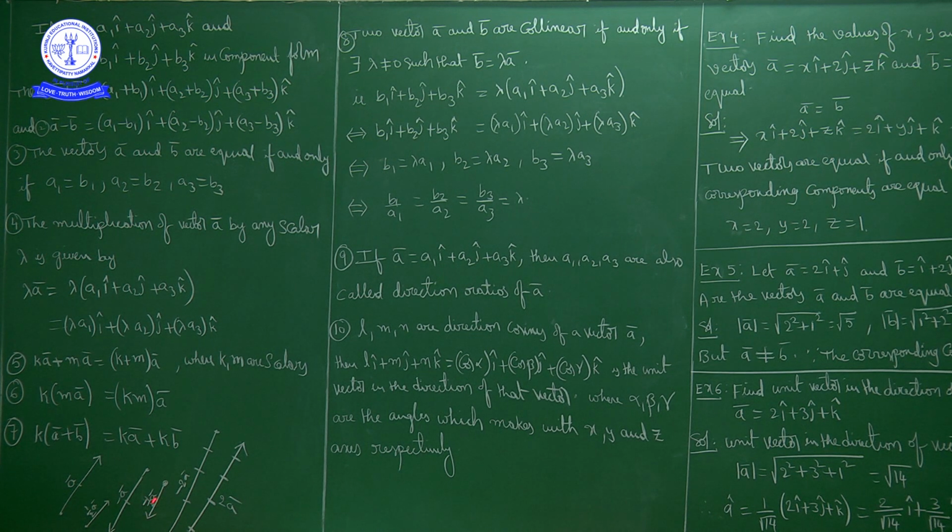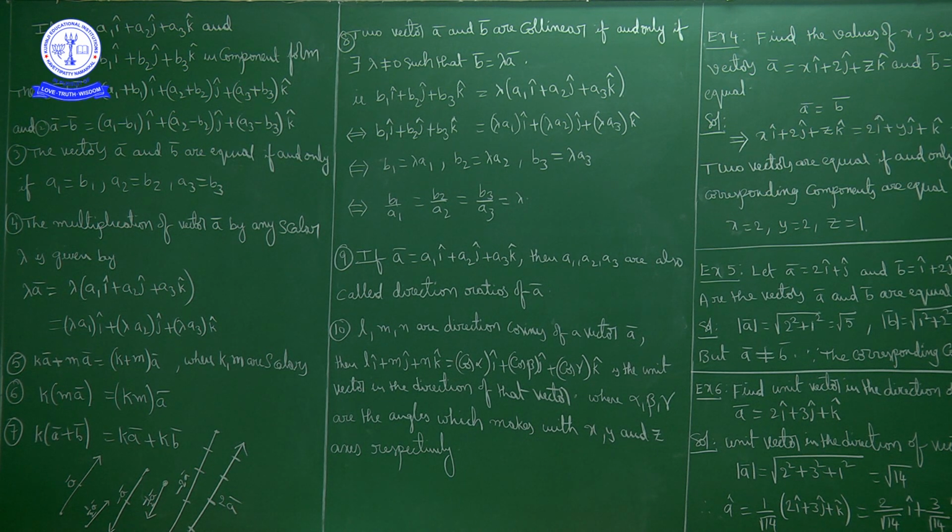Next, minus half a bar: its direction is opposite to that of a bar, and its magnitude is half that of a bar. Minus 2a bar has double the magnitude of a bar, with direction opposite to a bar. 2a bar has 2 times the magnitude of a bar, and the direction remains the same as a bar.